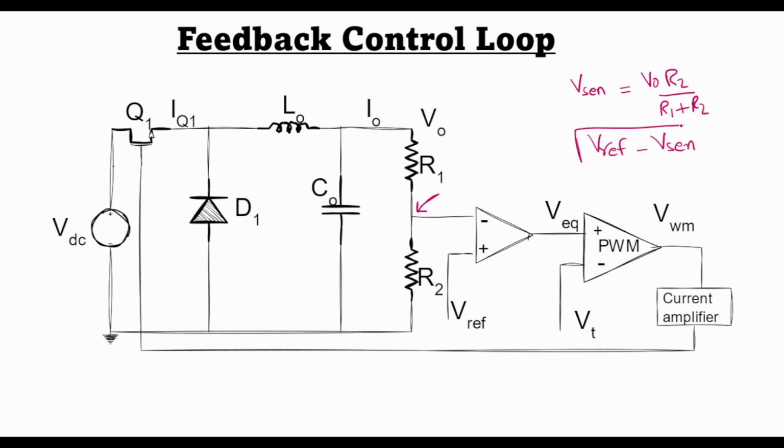This is what I want to minimize. So I call this signal VEQ, which is at the output here. VEQ is then compared with a triangular signal, and the output is then a pulse width modulated signal which controls the base of this transistor.